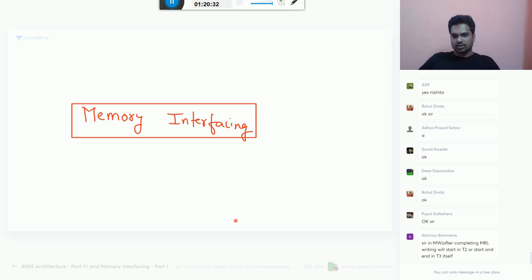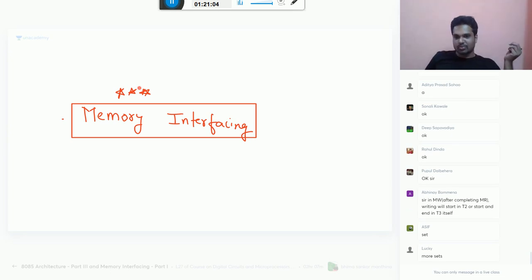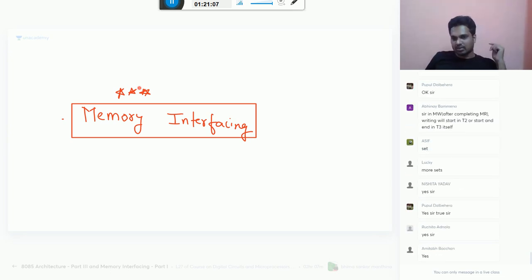How to interface memory devices to the computer. Every year there is some question, frequently occurring, from 8085. Because this year there is a chance of normalization, multiple times your exam can happen. If that happens, you should read everything. Why? Because you don't know whether your set gets a memory interfacing question or an instruction set question. You don't have a choice. If you leave one part, that part may come in your exam.